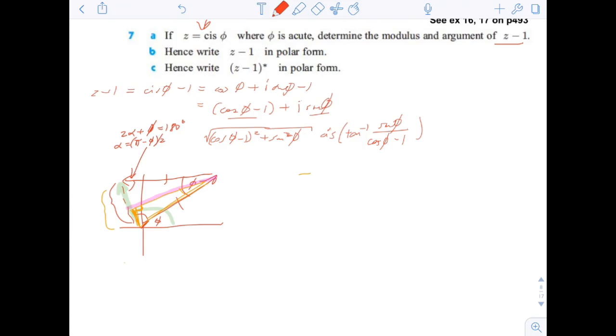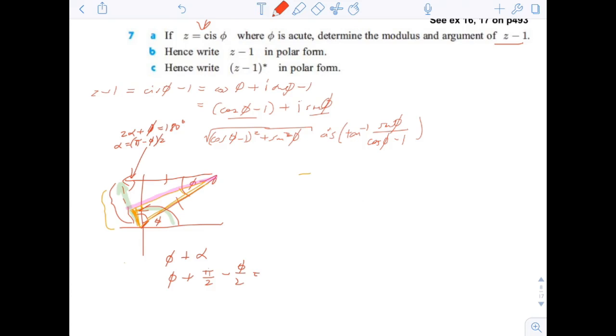Okay, and how is alpha related to this green angle here? Alpha is related to the green angle because the green angle, which is the resultant vector argument, is equal to phi plus alpha. So what is phi plus alpha? Well, alpha, remember, is pi over 2 minus phi over 2.